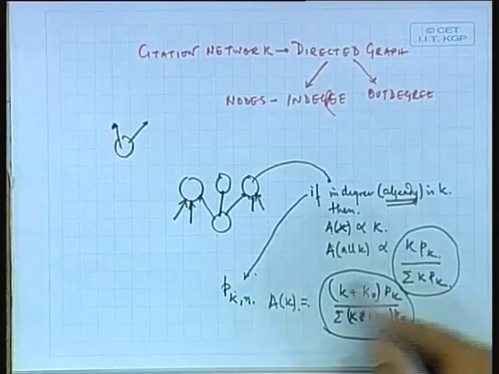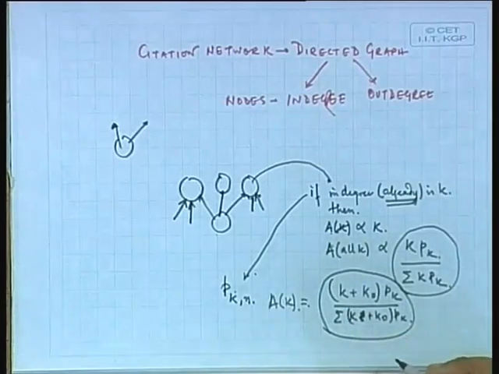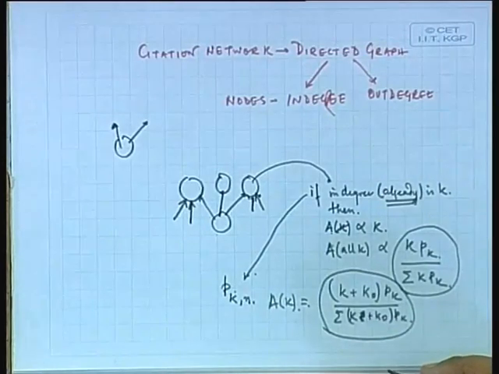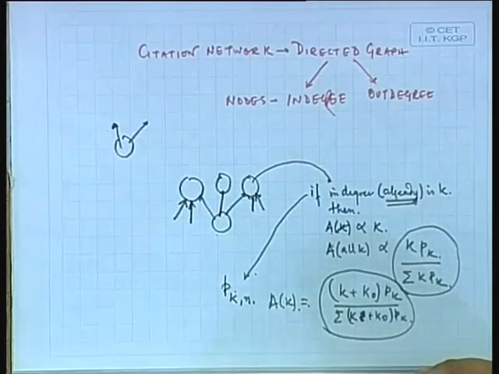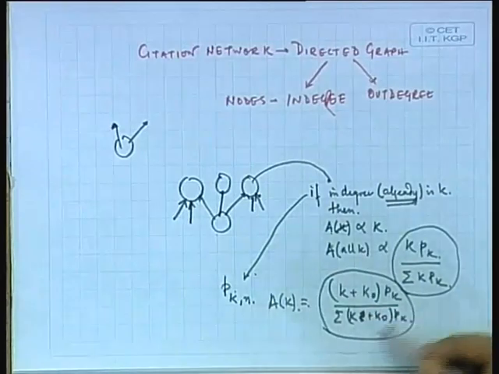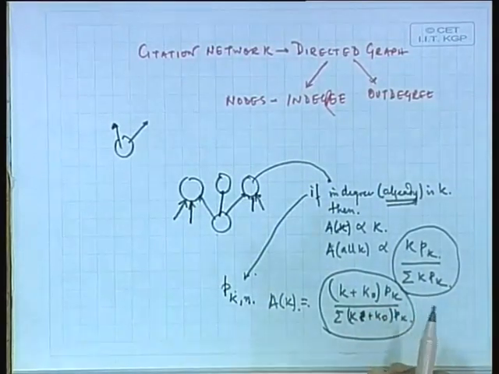So, this is still less than 1. One edge is added, so at most one k degree node can become a k plus 1 degree node. I can call this a probability also, it does not matter.